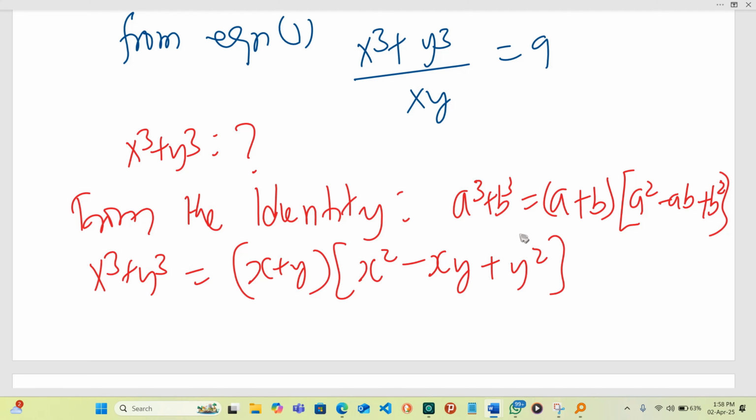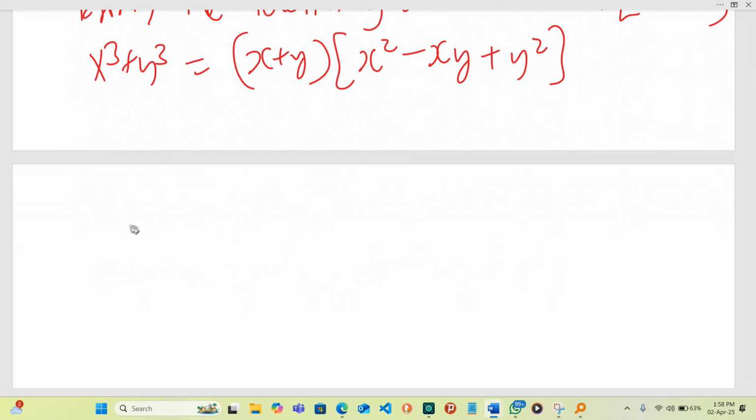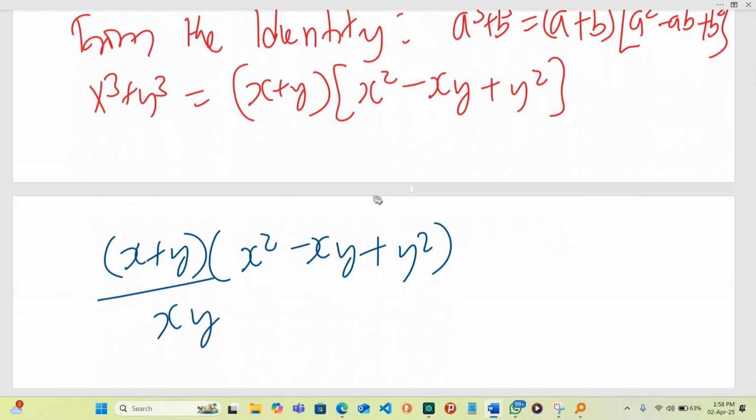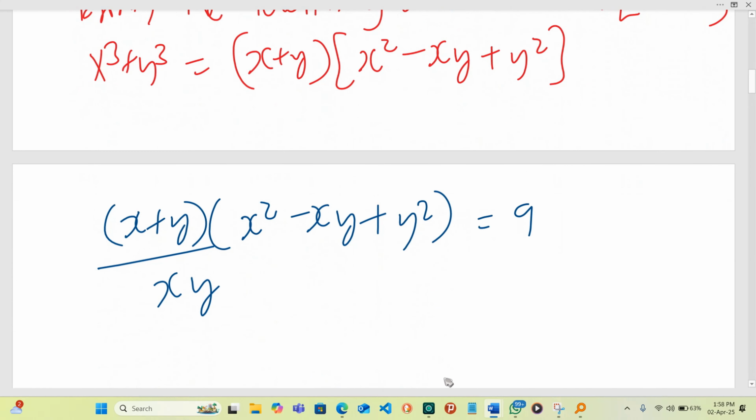So what does that mean? I just bring it back to its position, the expression in place of x cubed plus y cubed. So I'll have (x plus y)(x squared minus xy plus y squared) divided by xy, and this is equal to 9.